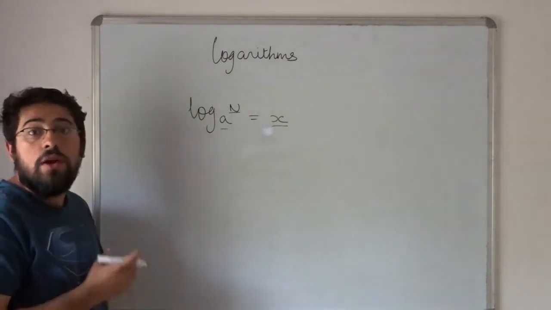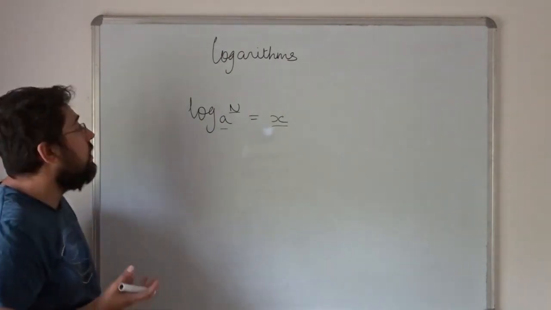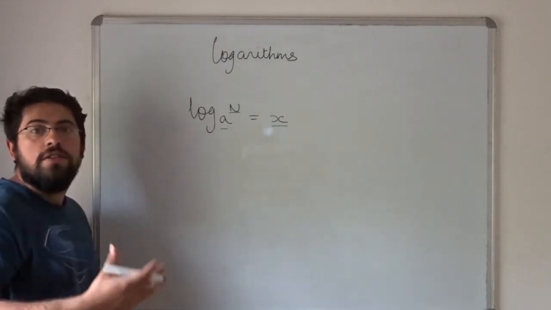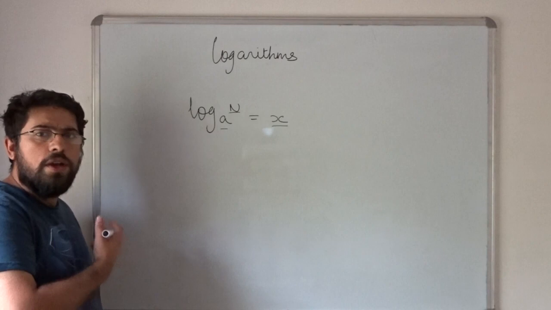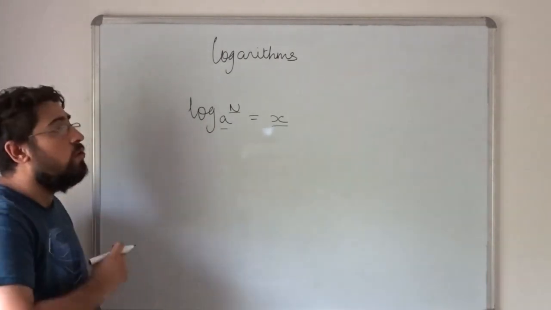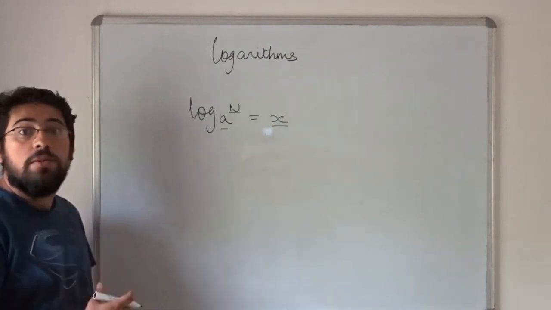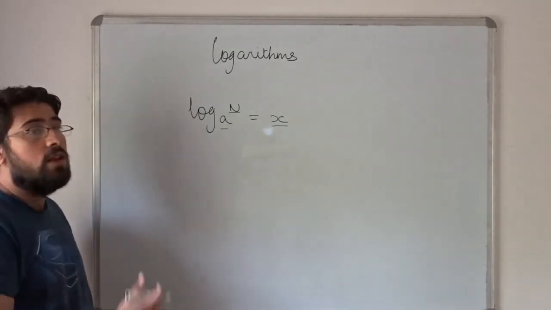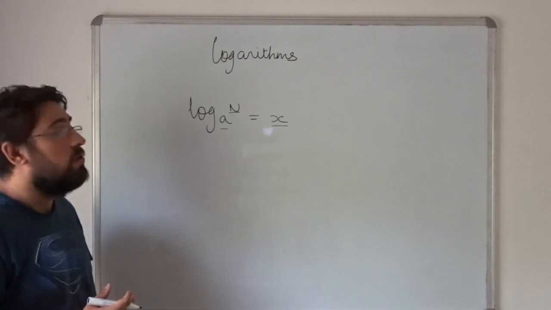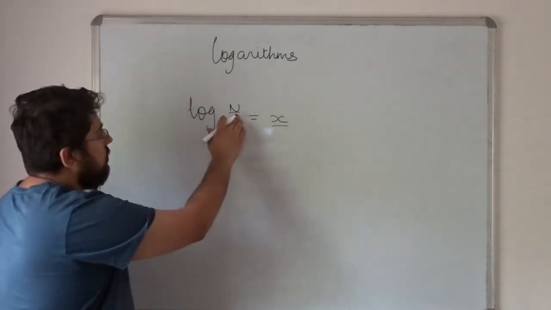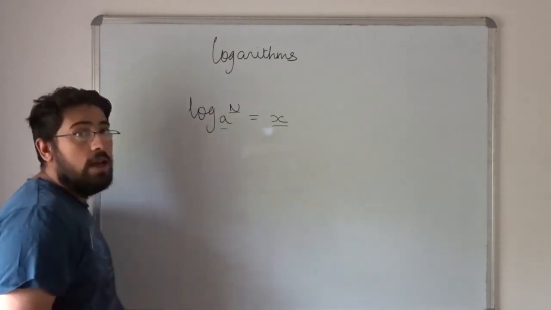I hope you understand what a natural number is: 1, 2, 3, 4, 5, 6, 7, 8, 9, 10, going on all the way till infinity. All whole numbers except 0 that go on till infinity are natural numbers.